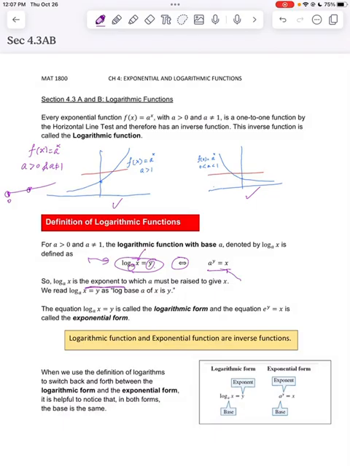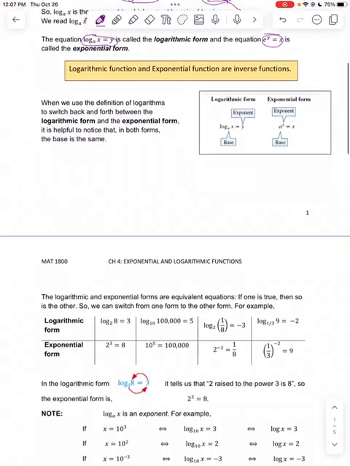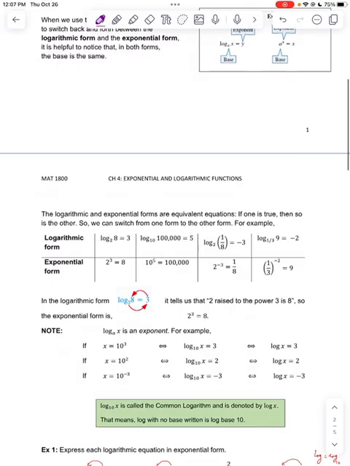As I just mentioned, this is the logarithmic form, and this is the exponential form, and we should be able to convert back and forth pretty easily. These two forms are equivalent, and if one is true, then the other is true. So let's practice some conversions.